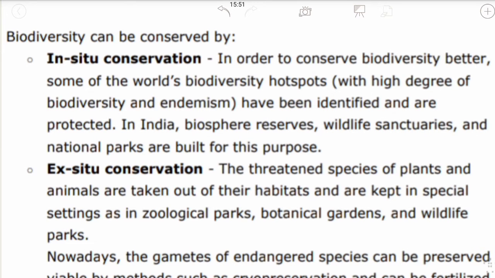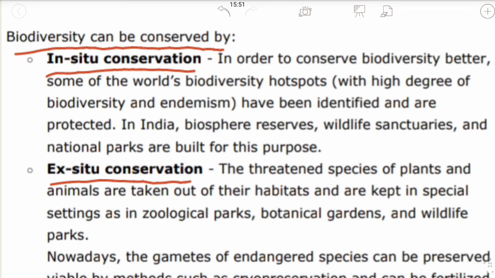Let us now understand how to conserve the biodiversity, and there are two different methods: in situ conservation and ex situ conservation. We will learn each of them in detail.